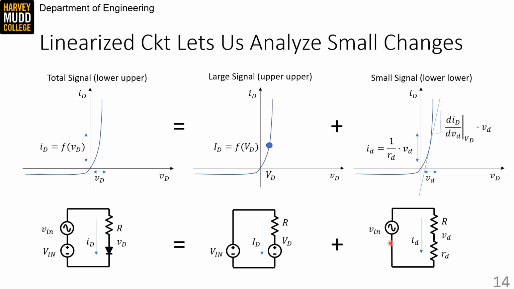Also, the diode in the small signal model has been replaced by this differential resistance in order to indicate that if we change VD a little bit, we're modeling changes in ID linearly, and the amount they change is given by this resistance value, where this resistance is the same as the coefficient here, which is the same as this slope.